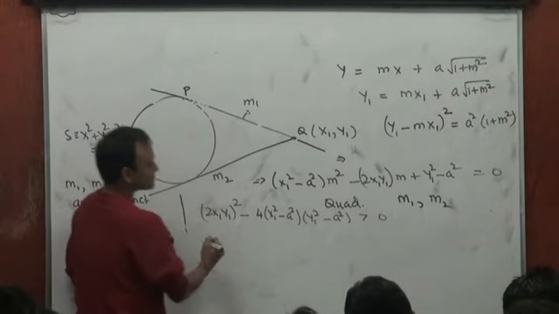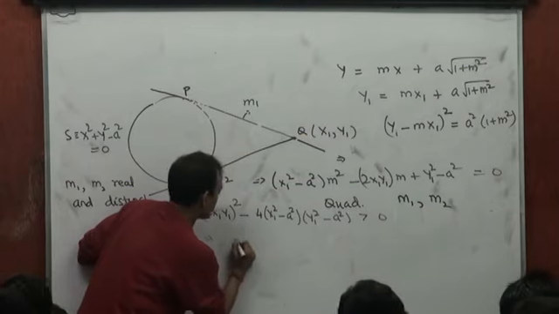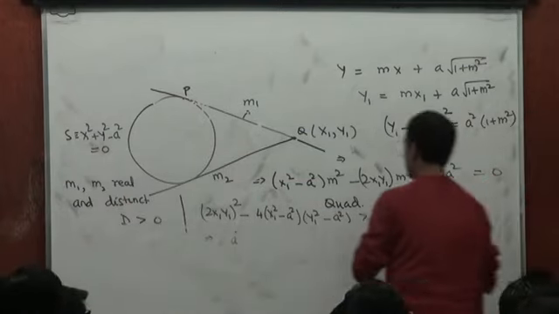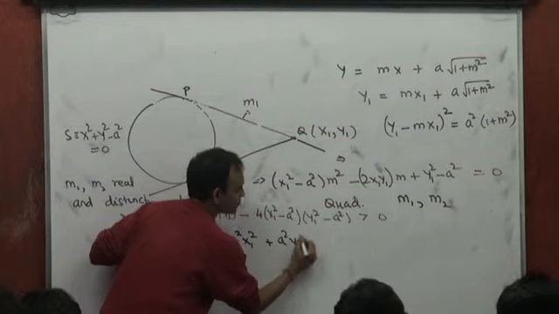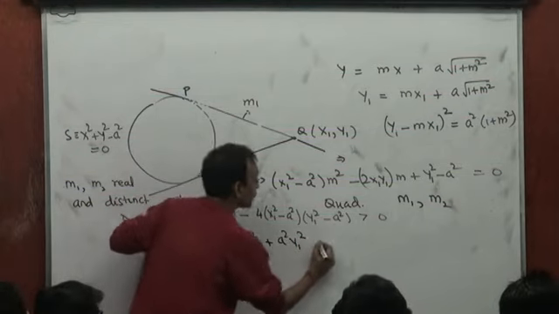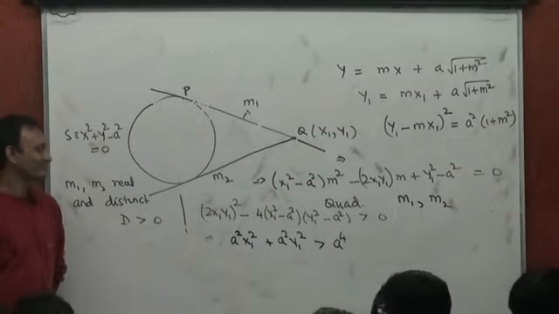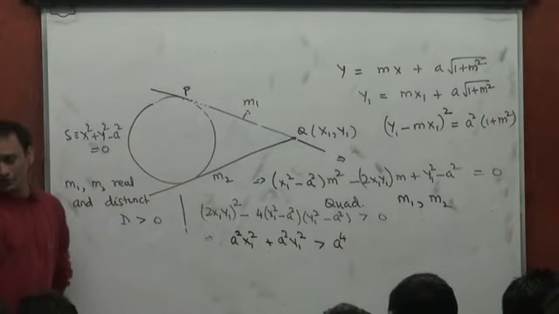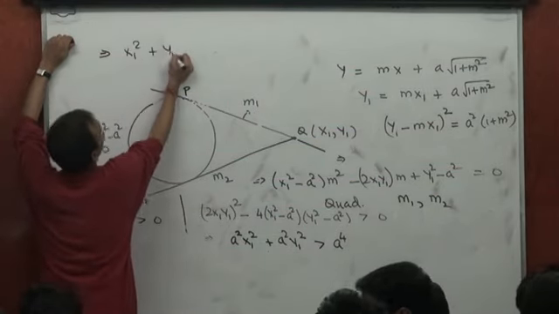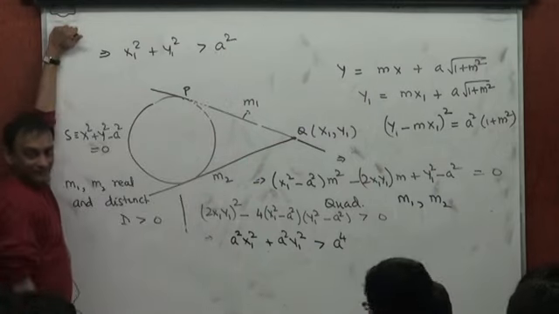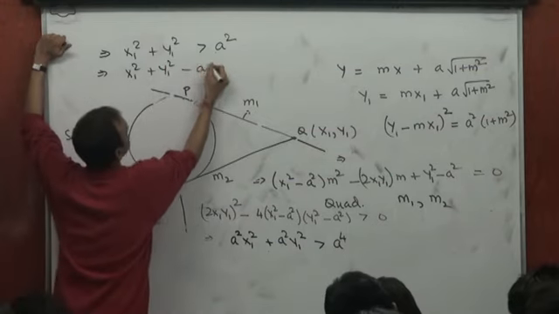What we are left with is a squared x1 squared plus a squared y1 squared greater than a to the power 4. Yes or no? Which would mean x1 squared plus y1 squared greater than a squared, which in turn means x1 squared plus y1 squared minus a squared greater than 0.